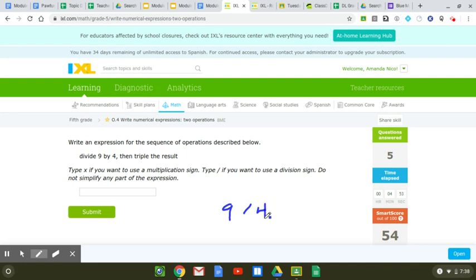It says then triple the result. So I'm doing the division first, and then when it says triple, that means you're multiplying times 3. If you think about it like triplets, okay, triplets are 3 children. Tripling something means you're multiplying it times 3. So first you would do 9 divided by 4, and then you would multiply that times 3.